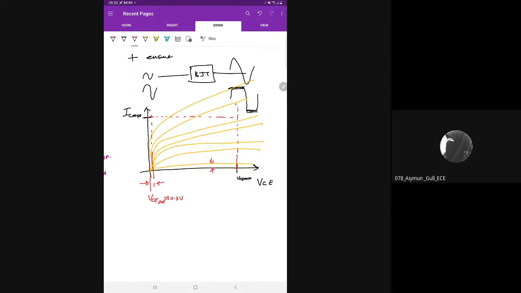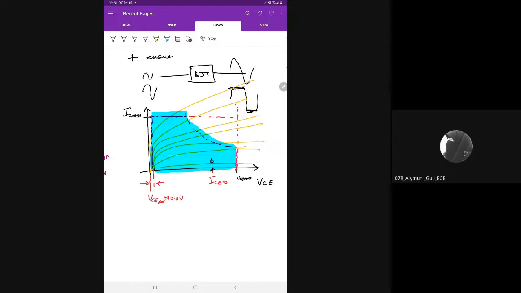And we know that this is for a common emitter configuration, this is ICEO, the reverse saturation current in common emitter configuration. Then there is a curve in the VI characteristics which mentions the region of operation. So this entire region here, this blue one, is the active region.